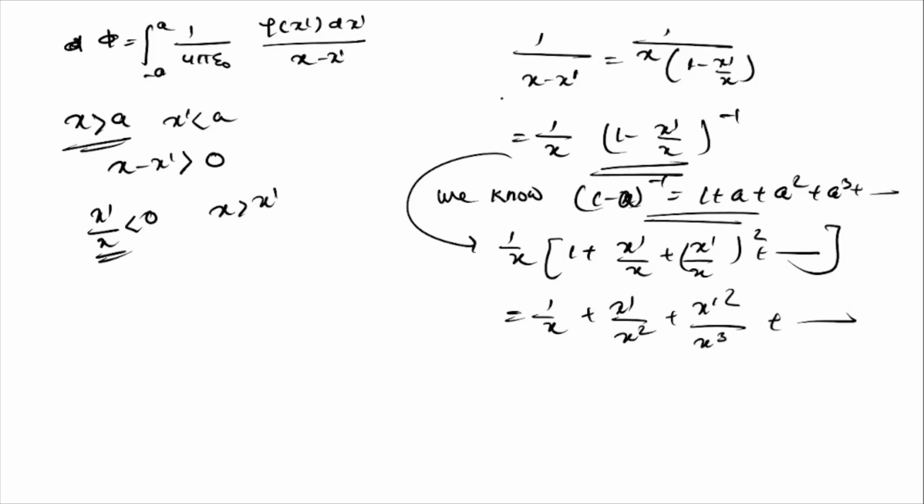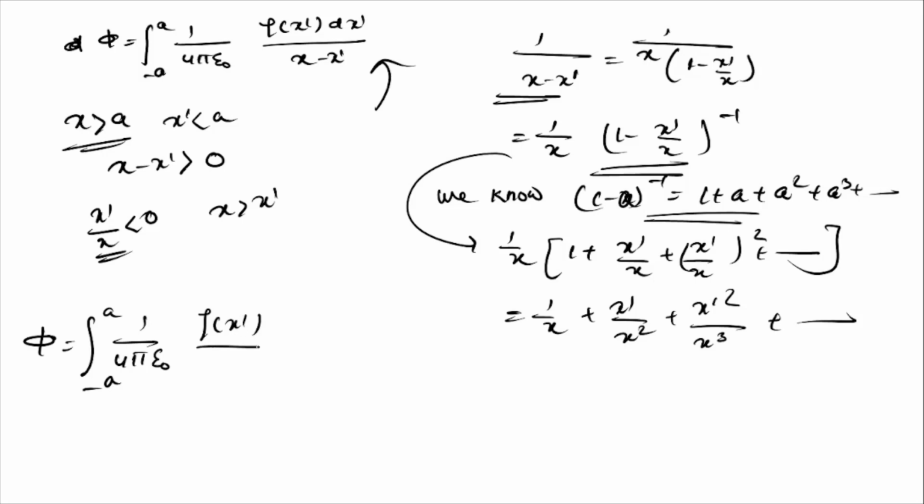So putting this value in the integral, I get phi equal to the integration from minus a to plus a of 1 over 4 pi epsilon naught times rho x prime upon x dx prime plus rho x prime x prime over x square dx prime plus so on.